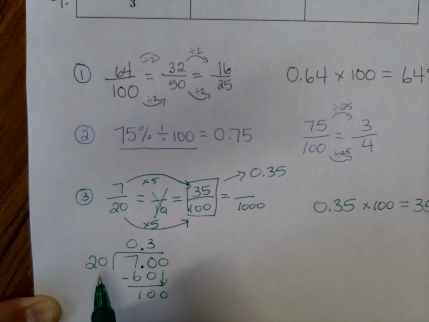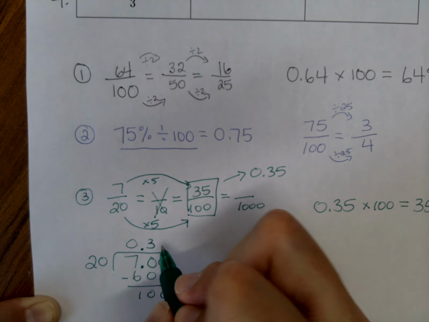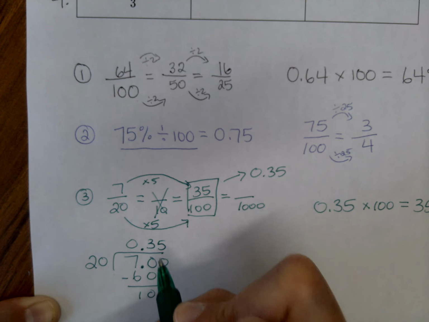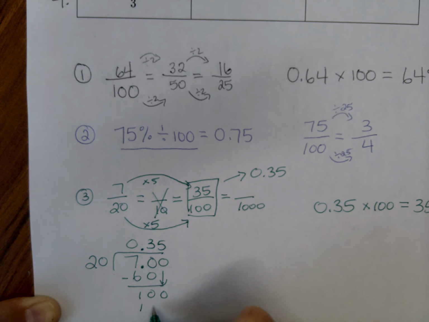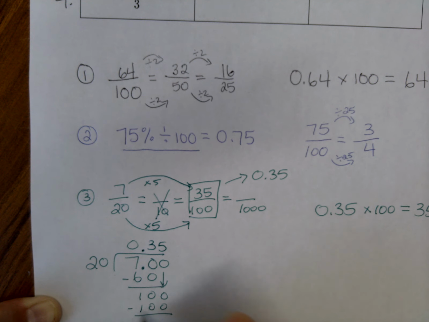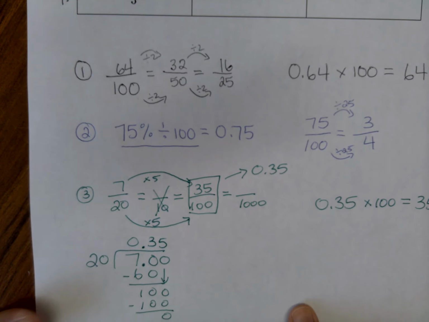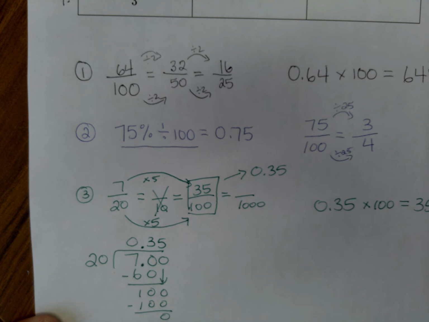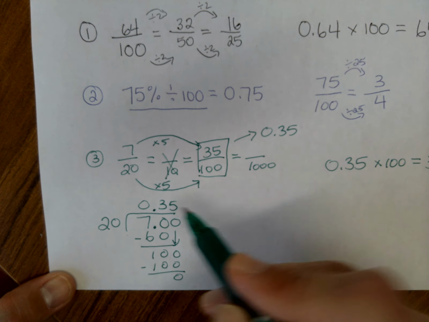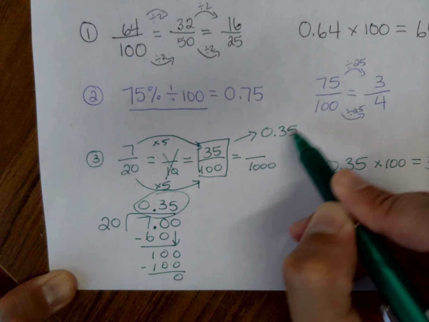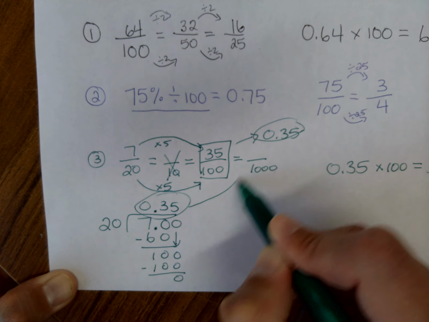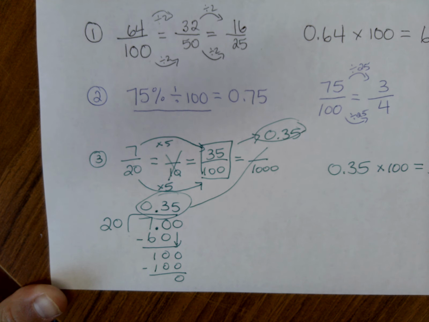And now I think, how many times does 20 go into 100? The answer is 5. 5 times 20 is 100. And as soon as I have a remainder of 0, I know I can stop right there. And if we compare those answers, doesn't matter which way I do it, my answer remains the same.